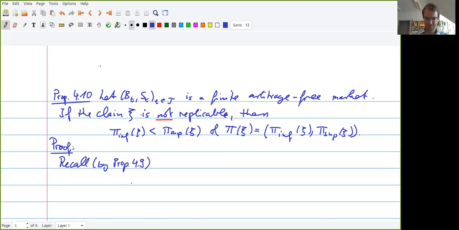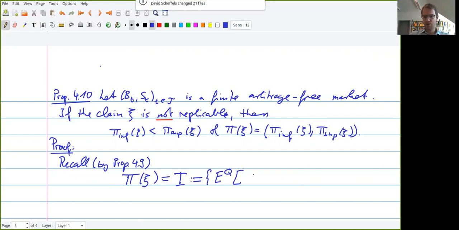The set of arbitrage-free prices is equal to the set, let's call it now I, to save some writing, which was the set of all expectations under some martingale measures of the discounted claim.